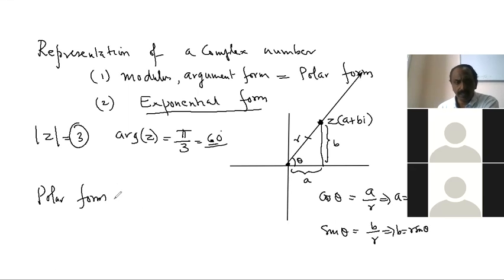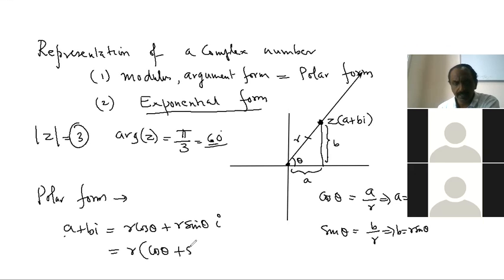So the polar form, I can write it as, in place of A plus BI, A will be replaced by R cos theta and B will be replaced by R sin theta. If you take R common, this format of writing a complex number is called a polar form.